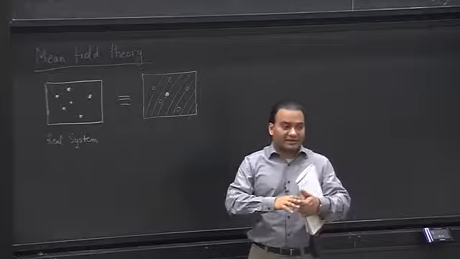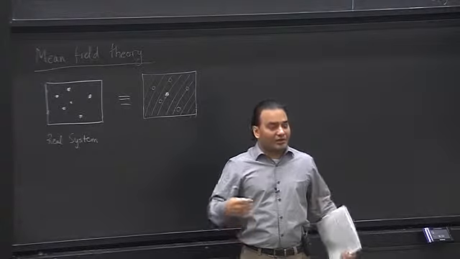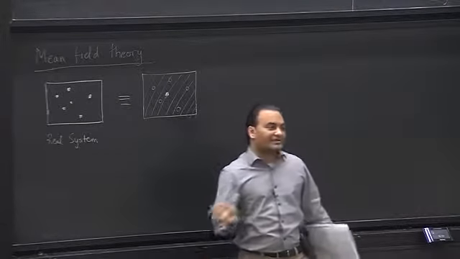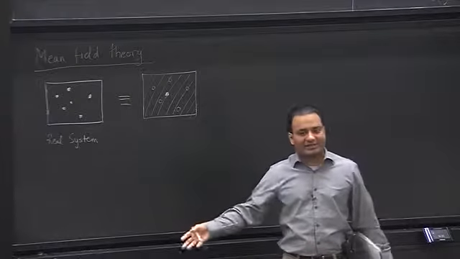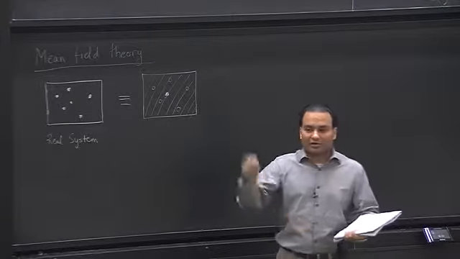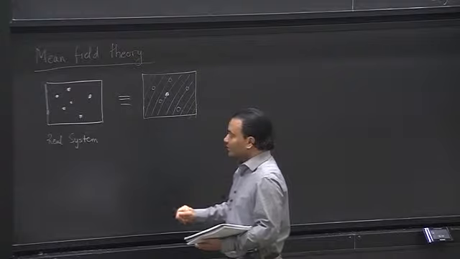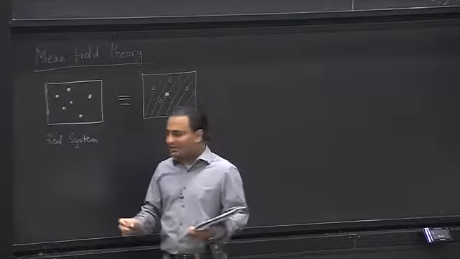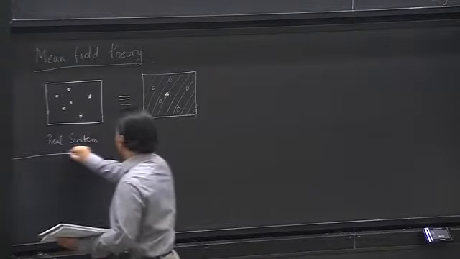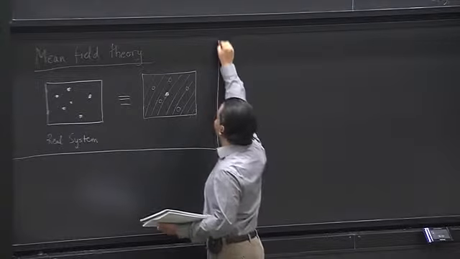And then this new Hamiltonian you can use to calculate physical quantities, physical observables, and then compare with experiments. So that's the goal. That's what mean field theory really does. Now we are going to do it more formally.